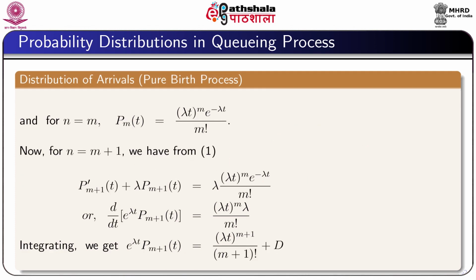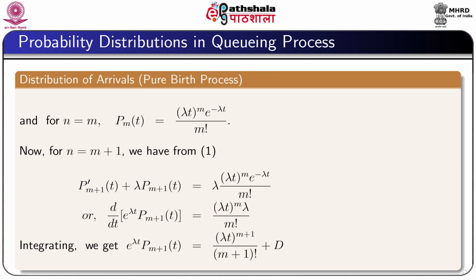And proceeding in this way, we can find for n equal to m, Pm(t) equal to e to the power minus λt into (λt) whole to the power m by factorial m. Now, for n equal to m plus 1, we have from 1, Pm+1'(t) plus λ Pm+1(t) equal to λ into (λt) whole to the power m into e to the power minus λt, whole divided by factorial m.